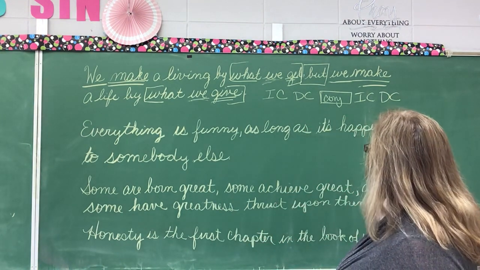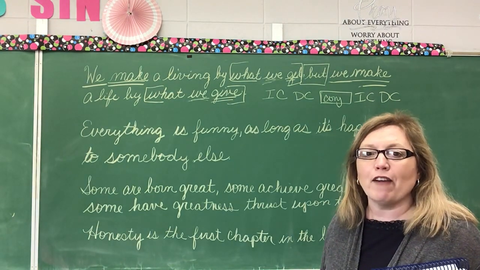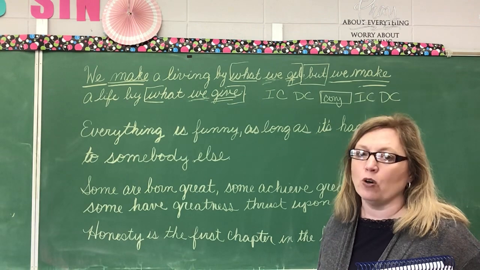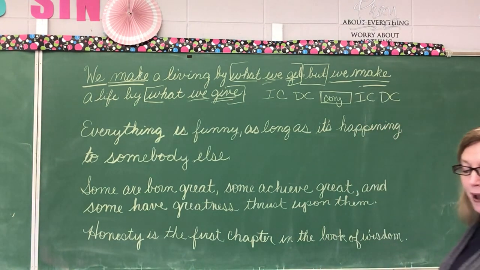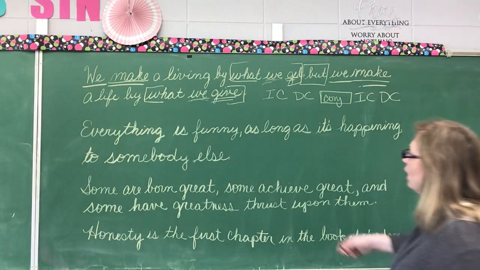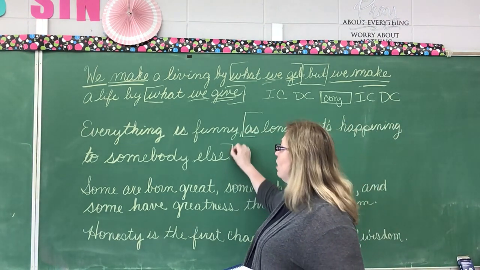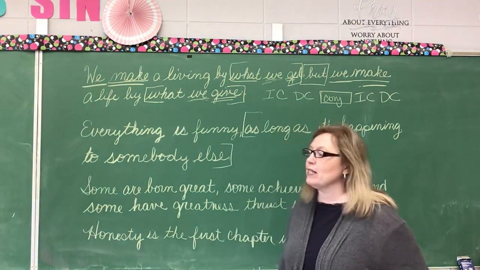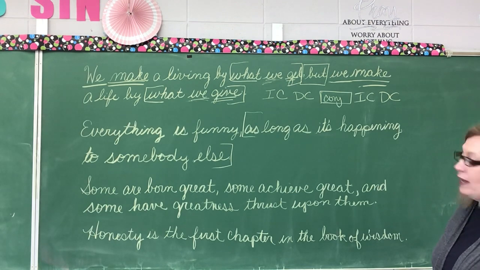Everything is funny as long as it's happening to somebody else. Do you have a relative pronoun or a subordinating conjunction? Yes, you do. You have what? As long as. As long as it's happening to somebody else is a clause. What's my subject and verb in there? Okay, look at the clause.